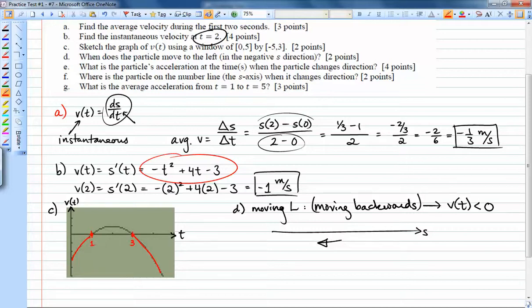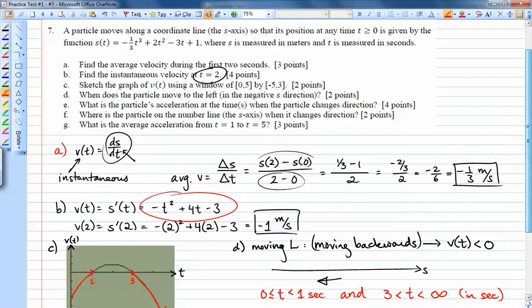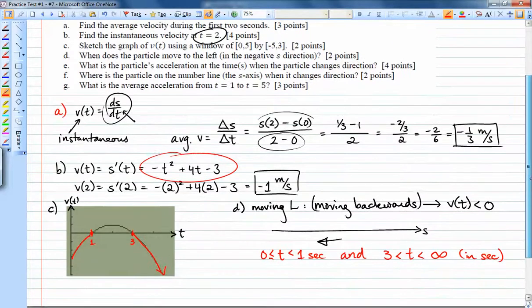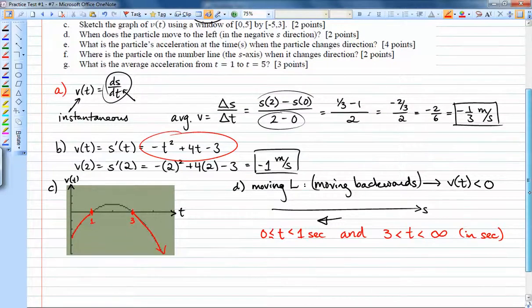So it's got a negative velocity from 0 to 1 second, and again from 3 seconds all the way up to everything, because it just keeps moving backwards. Are we limited on how many seconds? Nope, it says just keep going. So okay, that's C.